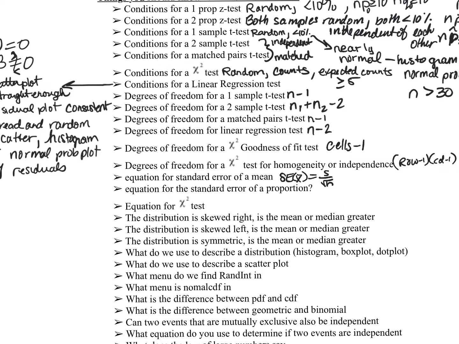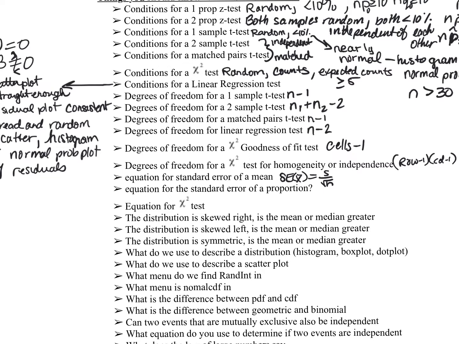So the standard error of a mean is S over square root n. What about standard error of a proportion? Actually, that's not correct. If it's standard error, it is not sigma. It is always S for standard error.